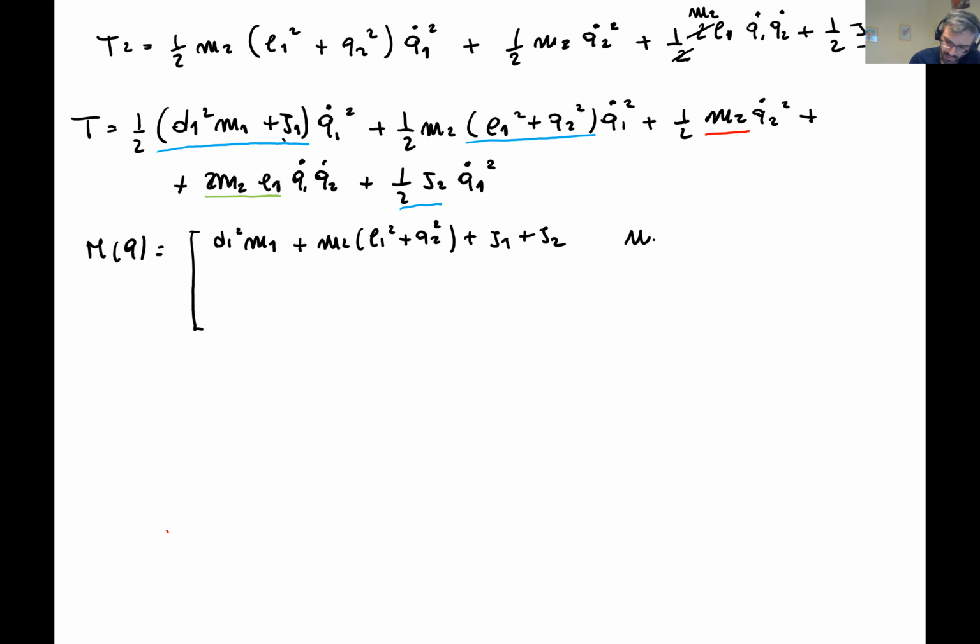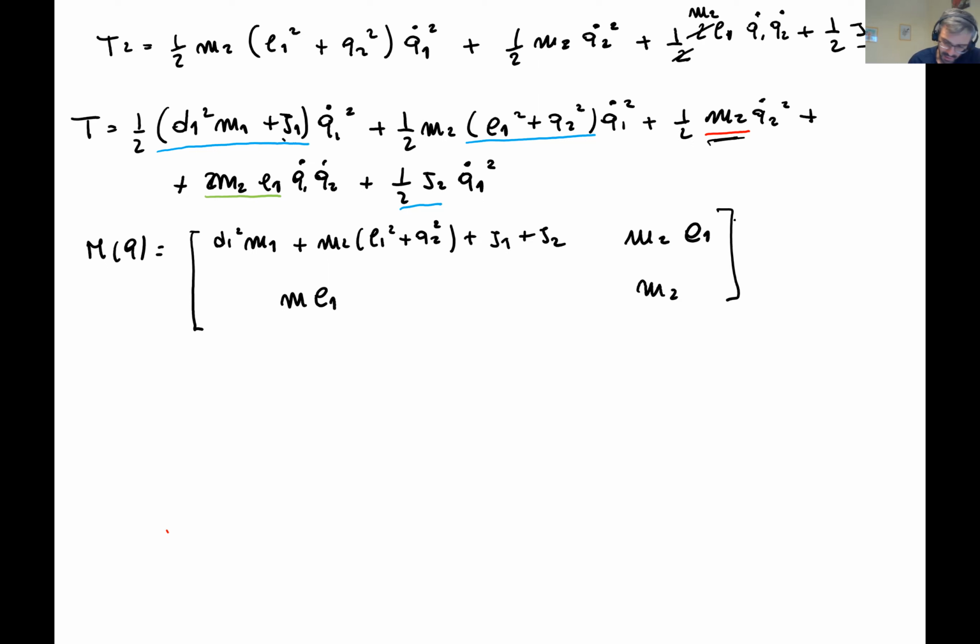Then we have the coupling term M2 L1, M2 L1. You remember this is because they don't have a half, they are already as is. Then you have the constant term due to Q2 dot squared.